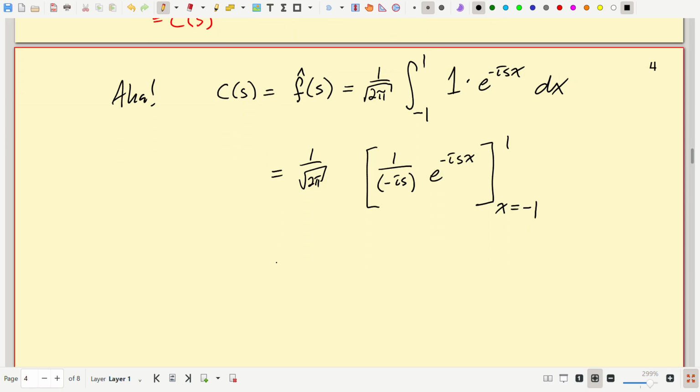So that's equal to 1 over the square root of 2 pi. Sticking in 1, I would get e to the minus is over minus is, minus e to the plus is over minus is.